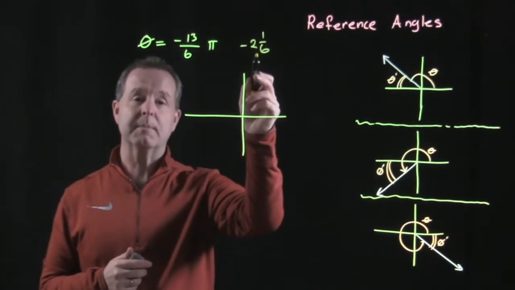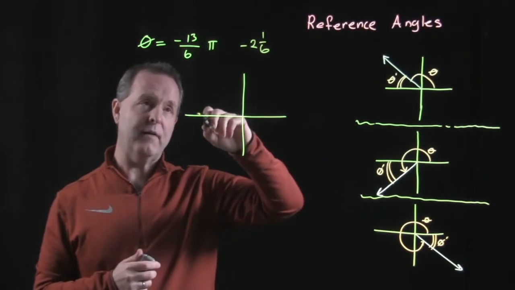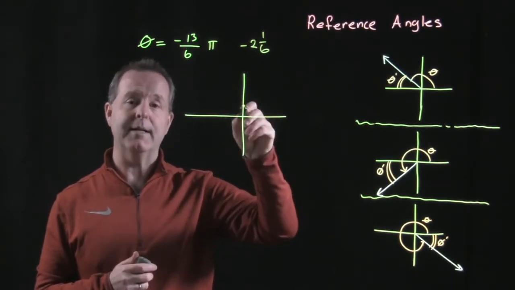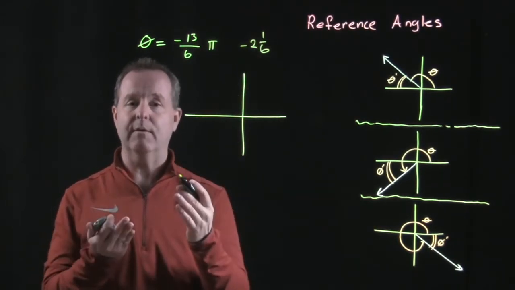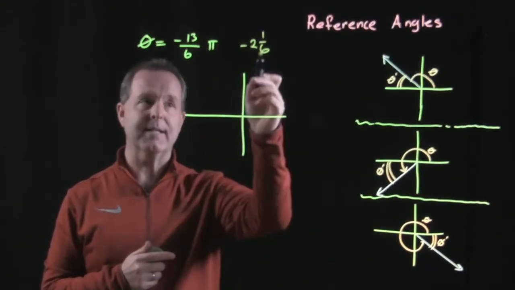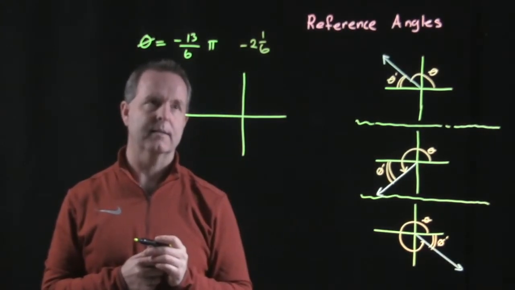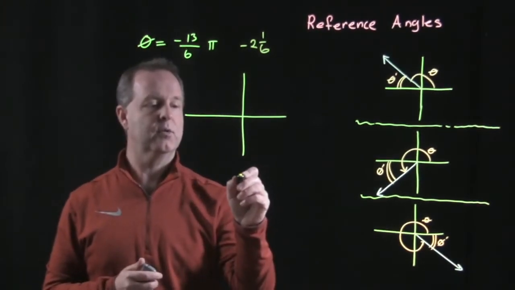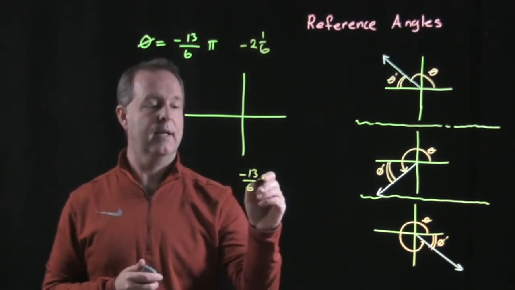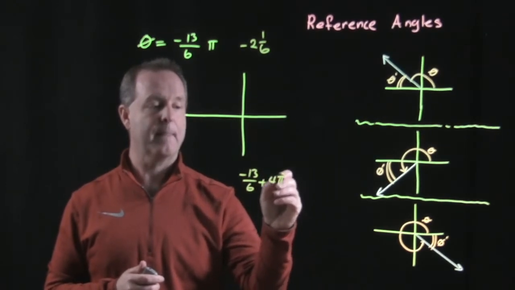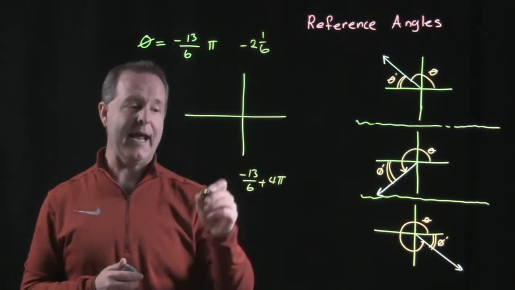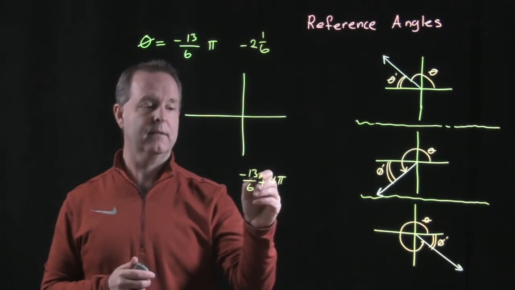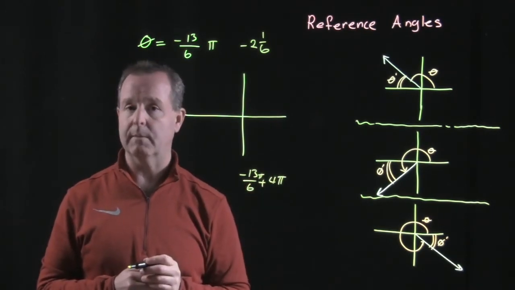So this 2 tells me that if I added a positive 2 pi to it, I'm still at a negative result. I remove the negative 2, but I still have the negative 1/6. So what I need to do now is add 2 revolutions to it. So I have a negative 13/6 pi, and I'm going to have to add a 4 pi, because 2 pi won't be enough to get a positive coterminal angle.